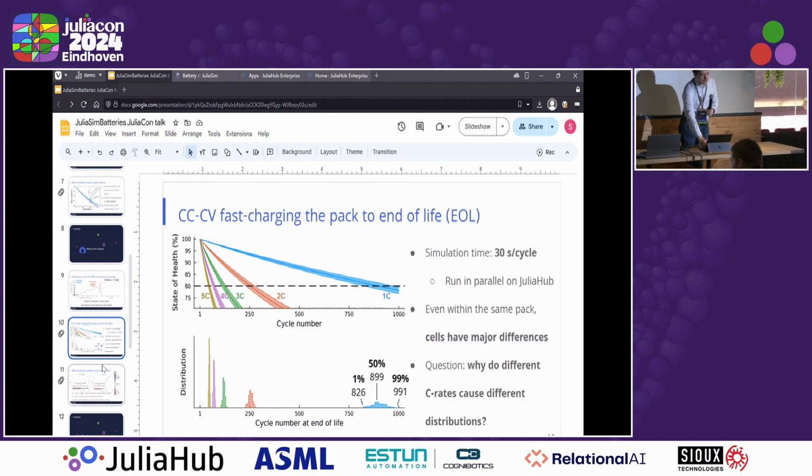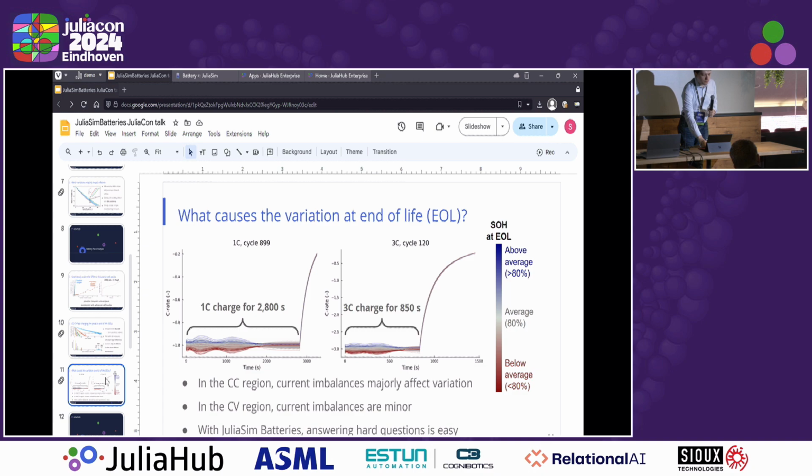So with JuliaSim batteries, we can try to answer these questions. Because we actually model everything that happens, at the electrochemical level inside the battery, we can analyze this cell-to-cell variation and look at the cause behind the variation that we observe. In the first plot is the charging at 1C.